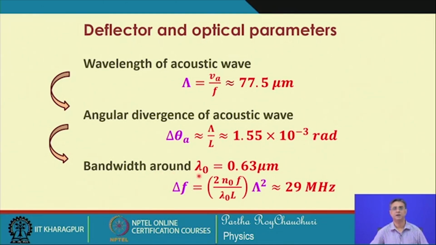Therefore, bandwidth around lambda 0 equal to 0.63 micrometer, which is the helium neon laser wavelength, and delta f will be equal to this. So, this gives you a useful bandwidth for this acousto-optic deflector to operate, which is approximately equal to 29 megahertz.